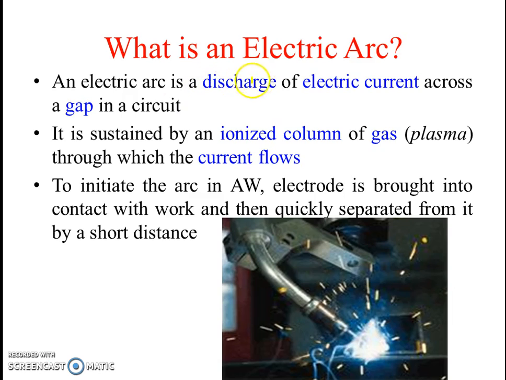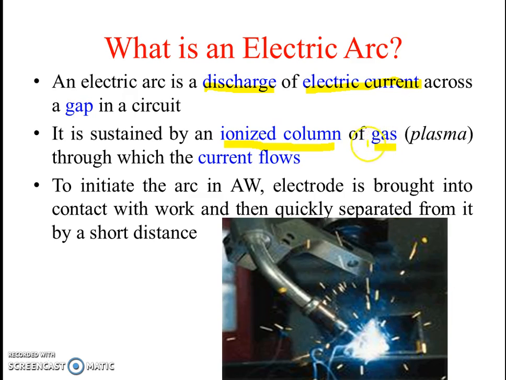Electric arc generation means the discharge of electric current through the gap, with AC or DC current supply applied. Whenever the arc is struck between the electrode and workpiece, it will ionize the air in the gap between the workpiece and the electrode.